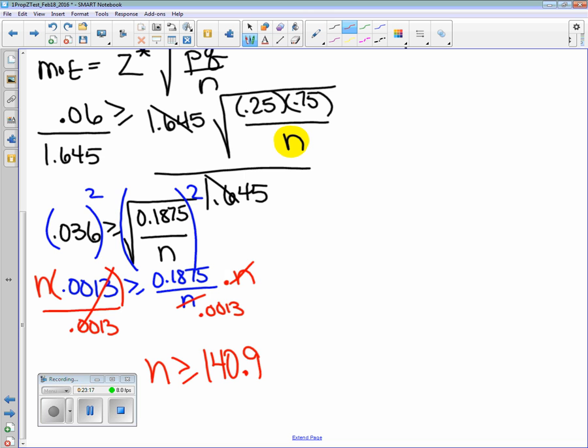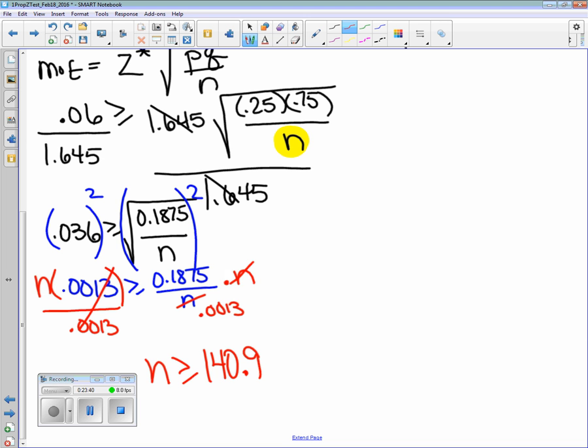Okay? There's a problem with leaving my answer that way. I cannot leave it that way. Tell me why. Why doesn't that answer make sense? What is n again? Just in general terms, what's n? The sample size.